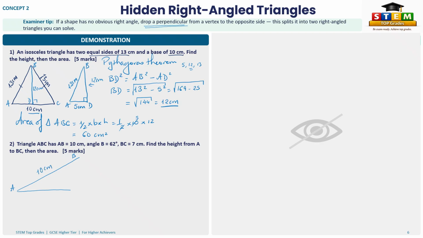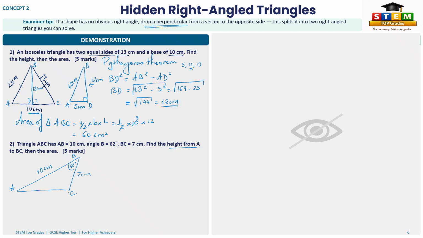It's a triangle. And angle B is 62 degrees. BC is 7 centimeters. Okay, so let's draw C there. Now find the height of A to BC. So find the height of A to BC.